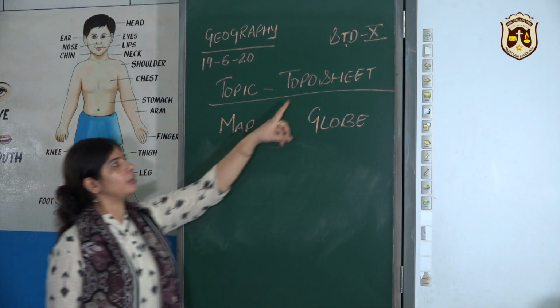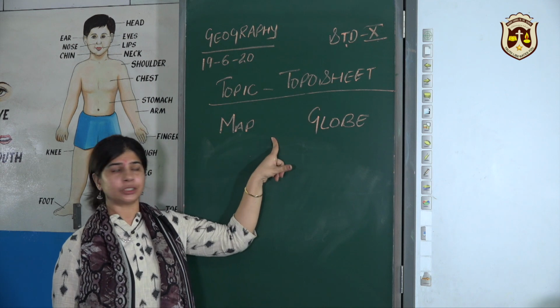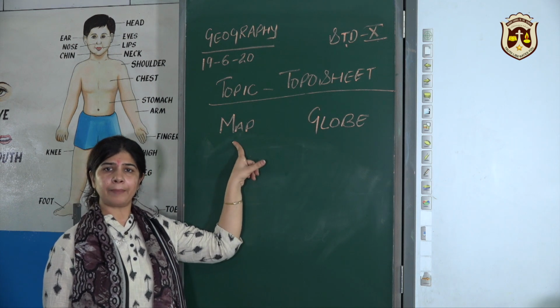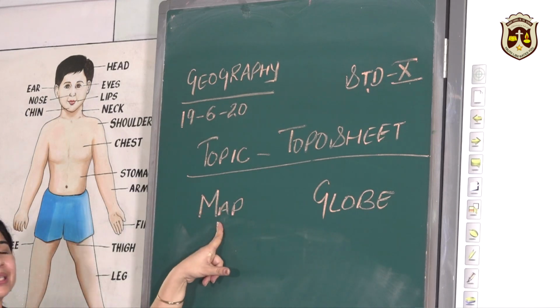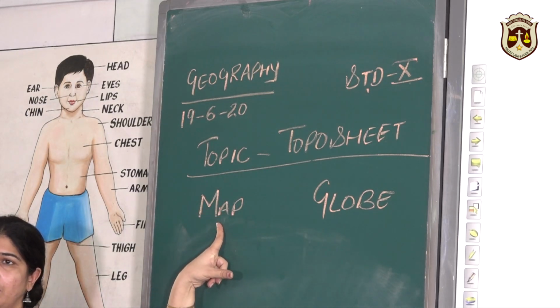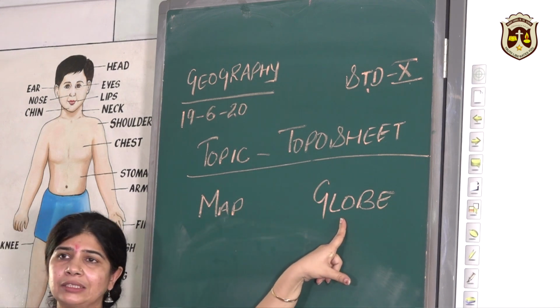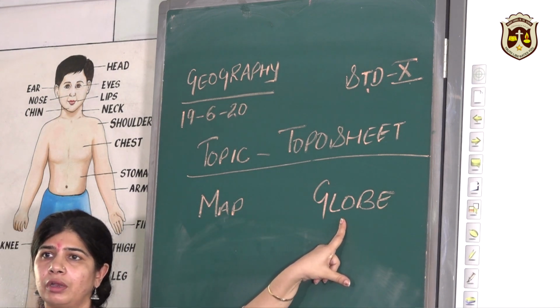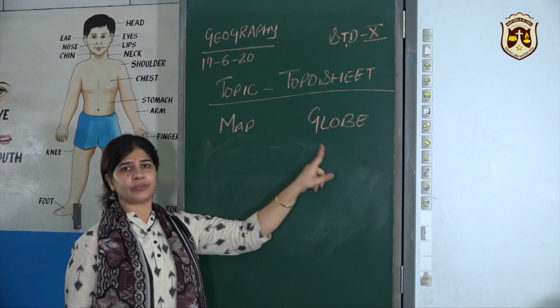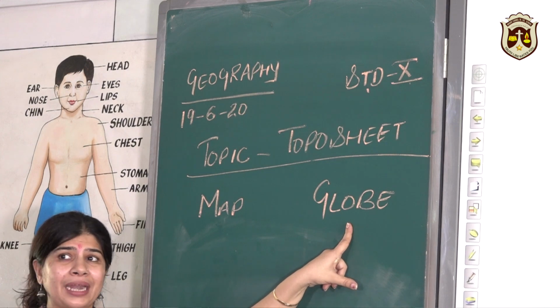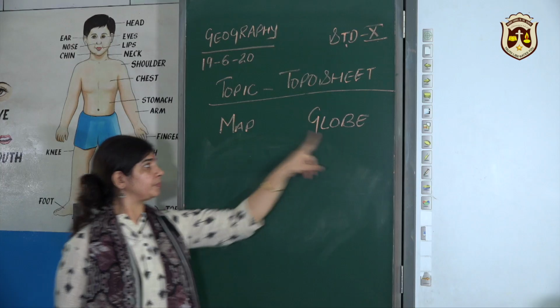Before starting the topo sheet, let me introduce you to two basic concepts, that is map and globe. A map is the graphical representation of the earth on a flat piece of paper, whereas a globe is the true representation of the earth. But the basic difference is that a globe cannot be taken into the field, so practically it is not so good.